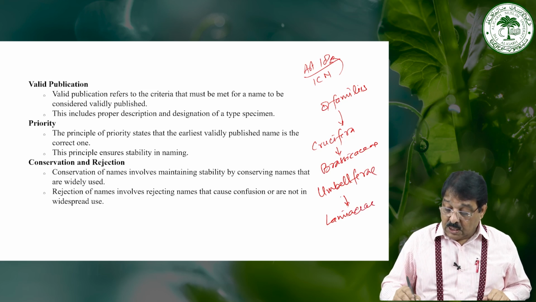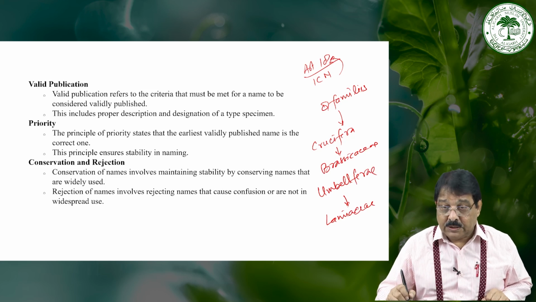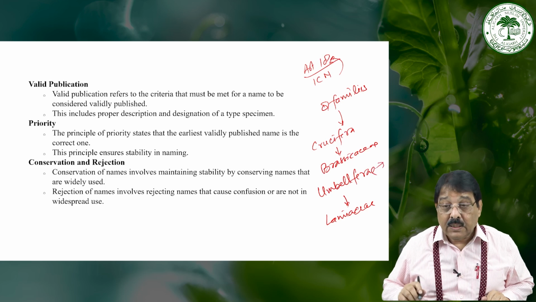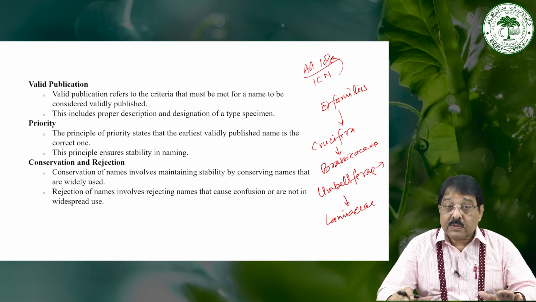So these are the alternate names, and invalid publications because they don't have the ending -aceae, but a special permission has been given. That's why they have been adopted.